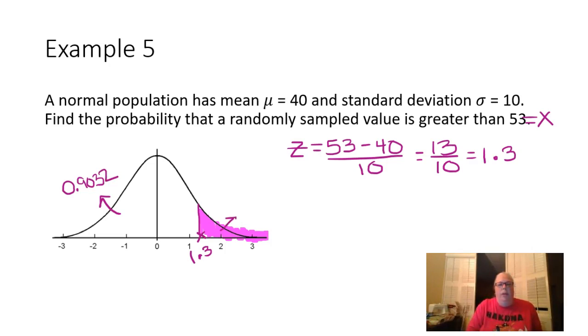And then to get the purple area back here, we're applying the rule of complements. 1 minus 0.9032. That's going to give me 0.0968. So the probability that a randomly sampled value is greater than 53 is 0.0968.